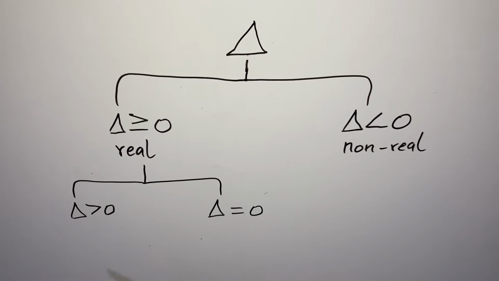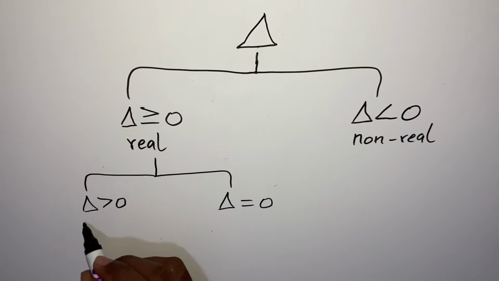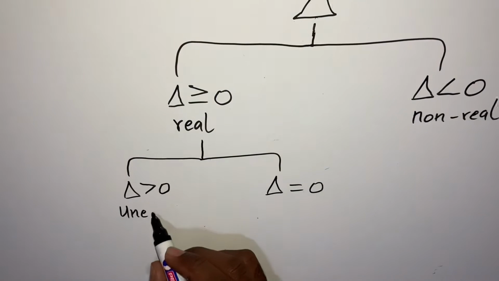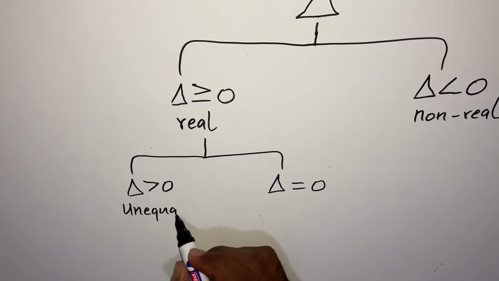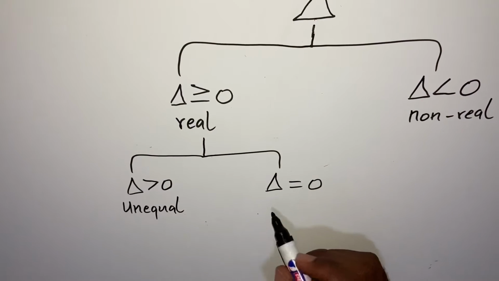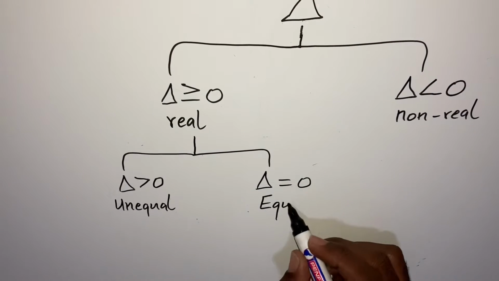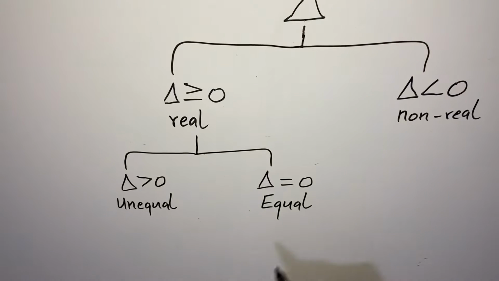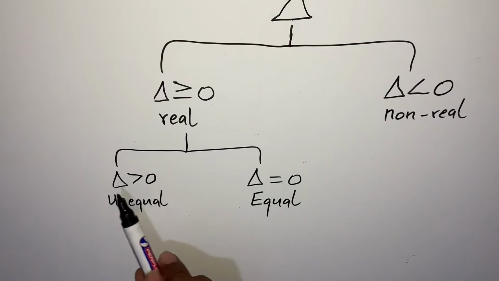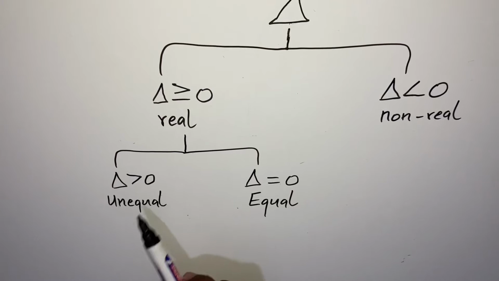So if I find my delta being greater than 0, my comment will be the roots are unequal. Then if I find my delta to be equal to 0, I'll say my roots are equal. Then it goes further on this side where your delta is greater than 0, which your comment is unequal.